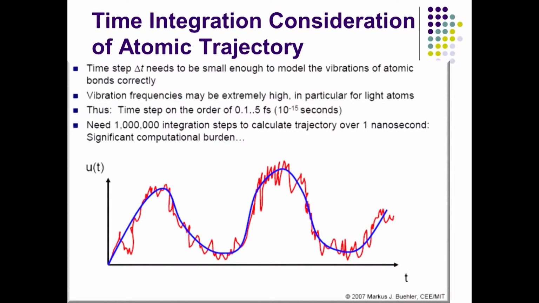Now, going forward comes back to the same idea I talked about earlier, which is the time step. We have to use the time step delta t small enough to model the vibration of atomic bonds correctly. So, we have to decide what the time step is in terms of femtoseconds.